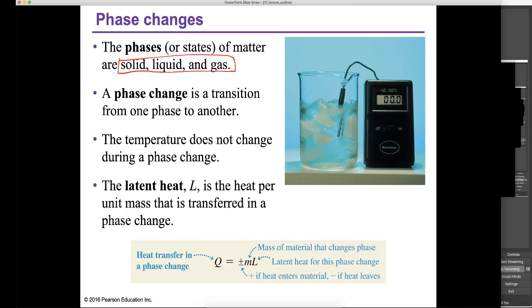Even if you heat them, or try to absorb heat from the ice water mixture, the temperature doesn't change. It's always 0 degrees, unless all the ice is converted into water, or all the water is converted into ice.